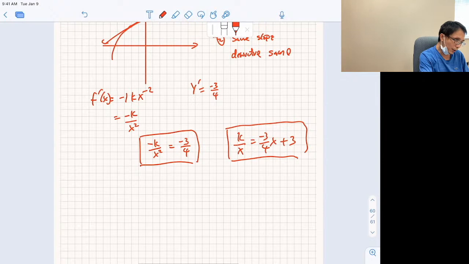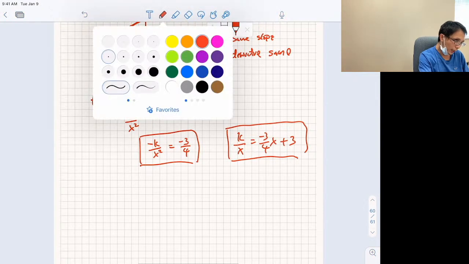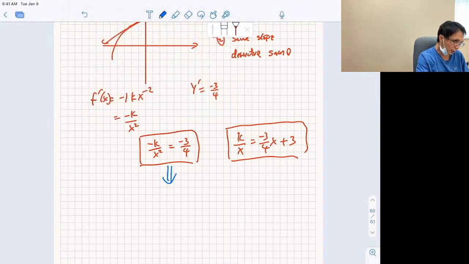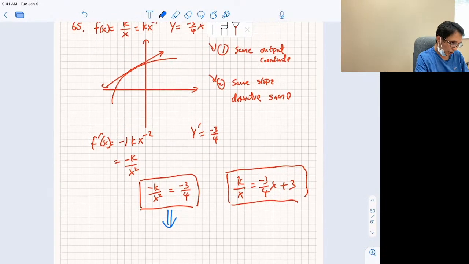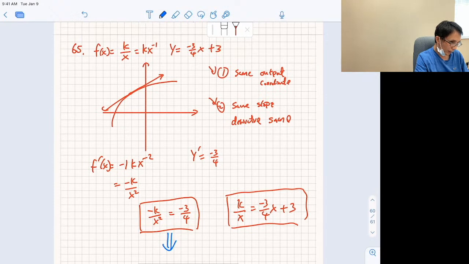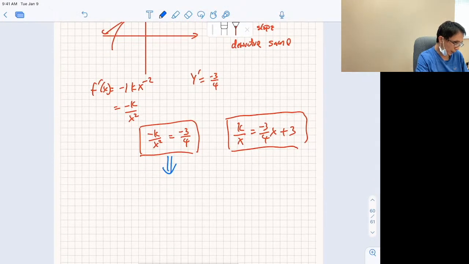So for the substitution, I'm going to solve for the easier variable. Here I don't want to solve for x squared, just because I think k is a better variable to solve for. So I'm going to cancel the negative sign on both sides, so k over x squared is equal to 3 over 4.